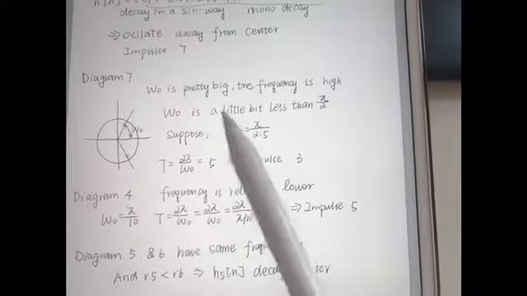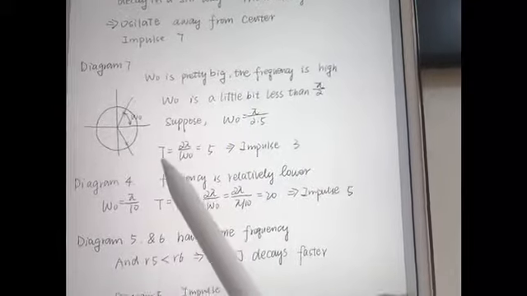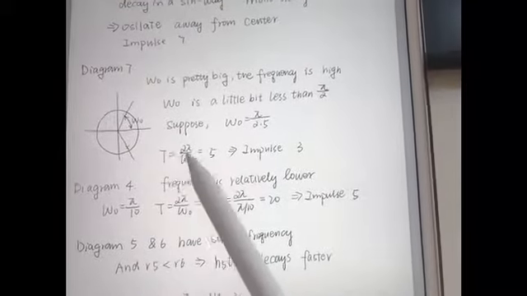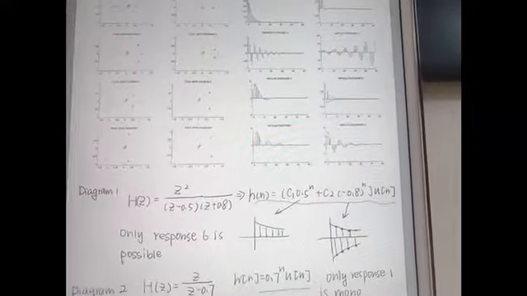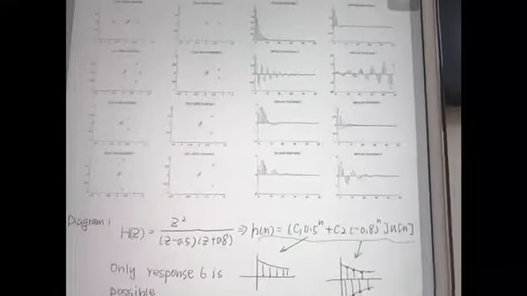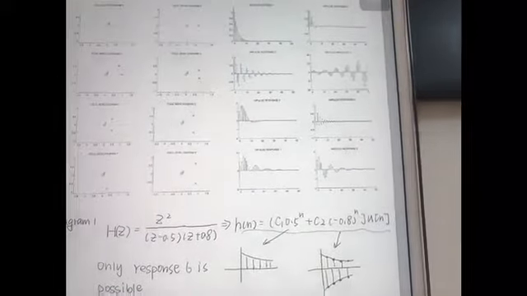So we can suppose it is pi divided by 2.5. Now we can get T equals 5, and we can find out that response 3 is like this.